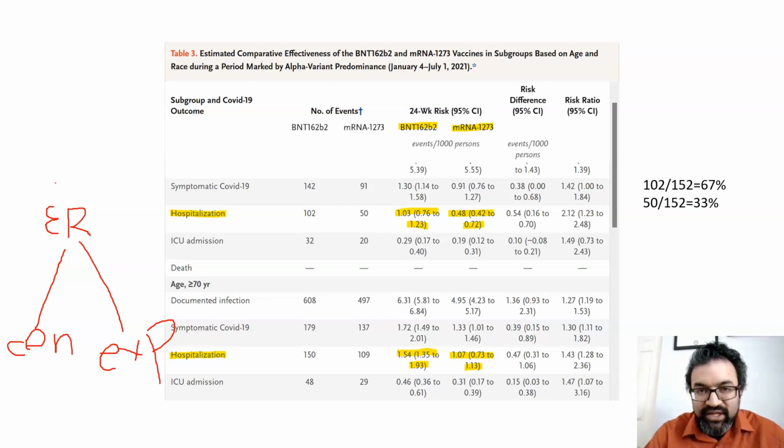Because we're not looking at control versus experimental group, we're simply looking at hospitalizations. And the number that we're after, instead of number needed to treat, is the number needed to prevent an additional hospitalization?